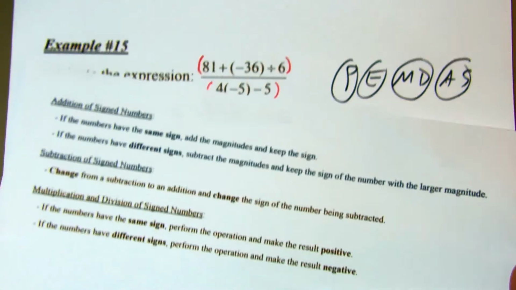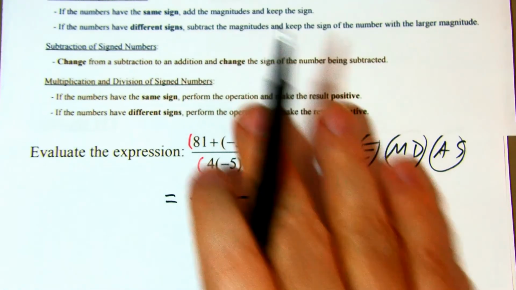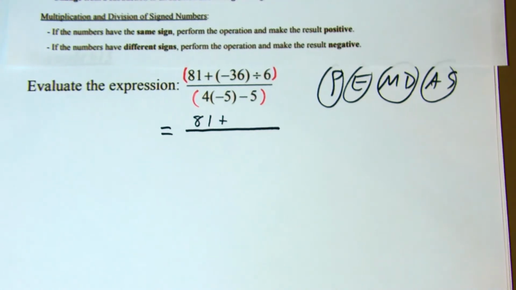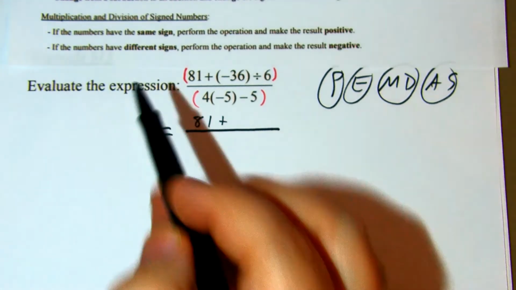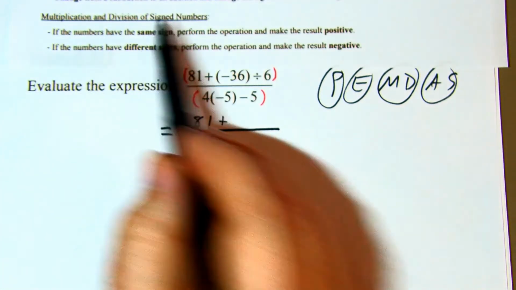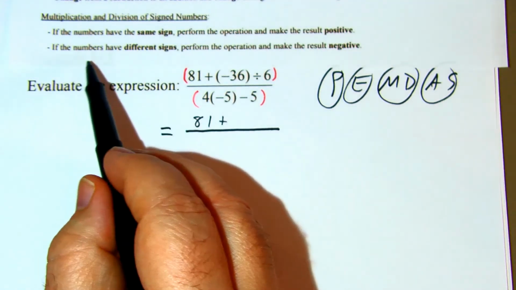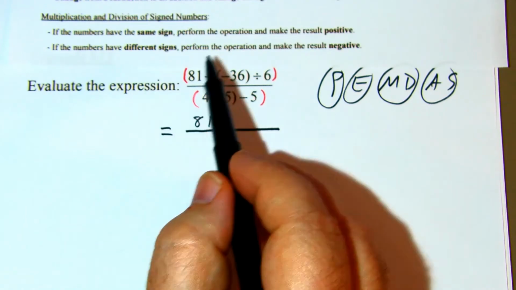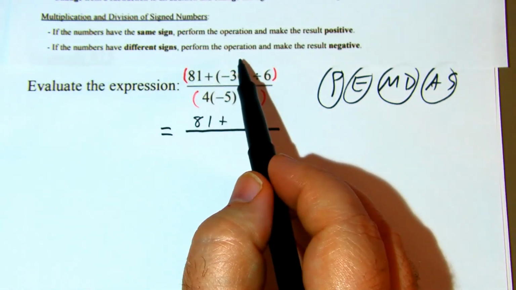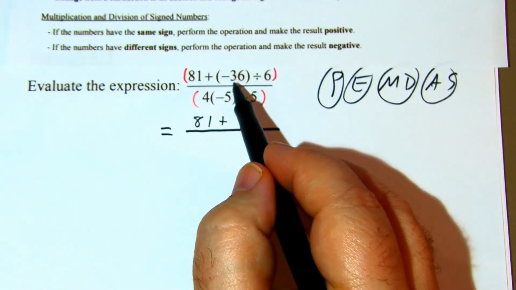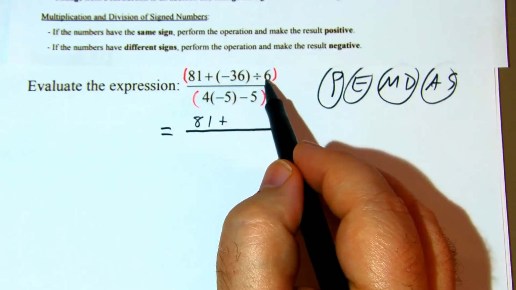Actually, it'd be easier for me to put it above. The rule for multiplication and division of signed numbers. And I know this is a little tricky to see, but if you've got signed numbers, which is what we have, a negative and a positive, it tells us what to do if the signs are different. It says just perform the operation. So we're just going to divide the old-fashioned way. You could use your calculator, but a lot of you know this one. 36 divided by 6 is 6.